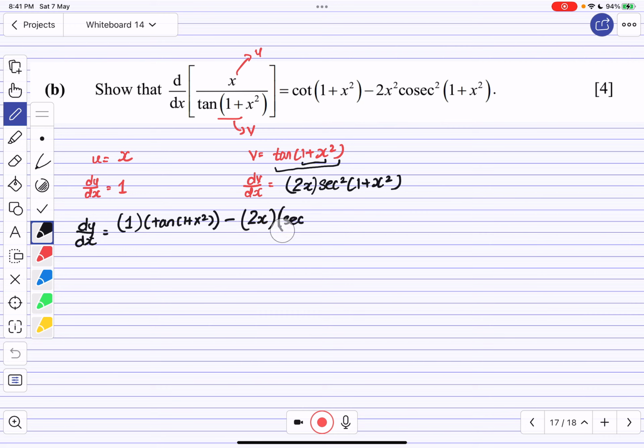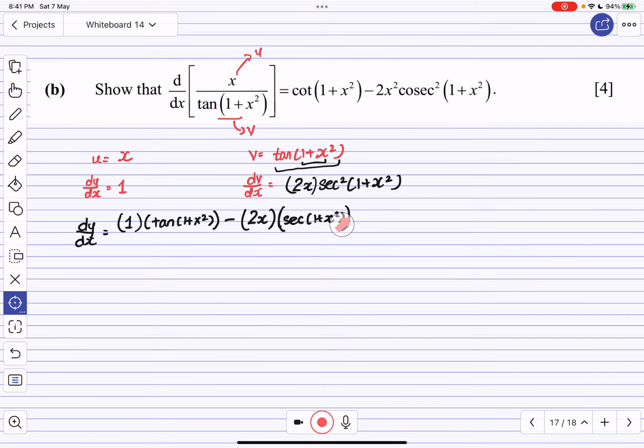Just make sure the brackets don't confuse anything, so that's why some brackets are short and some are long, to help you see. I'm just going to write it down in this way, then over v squared.